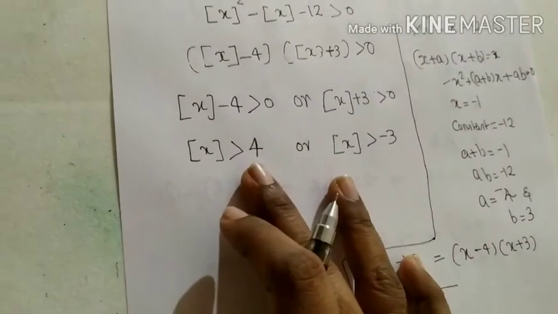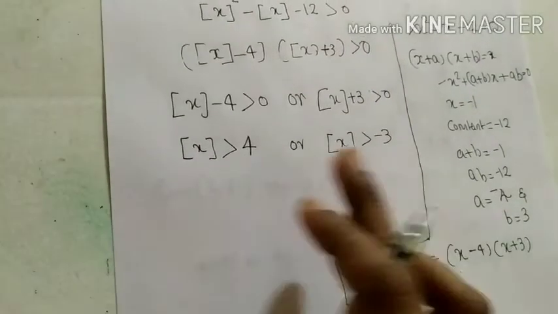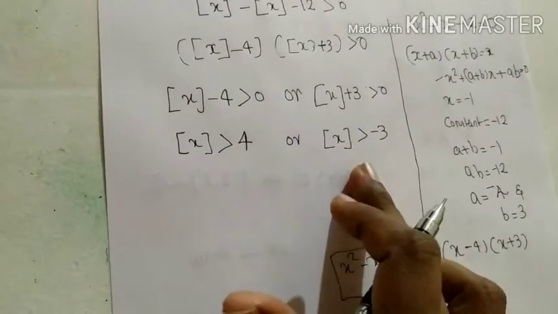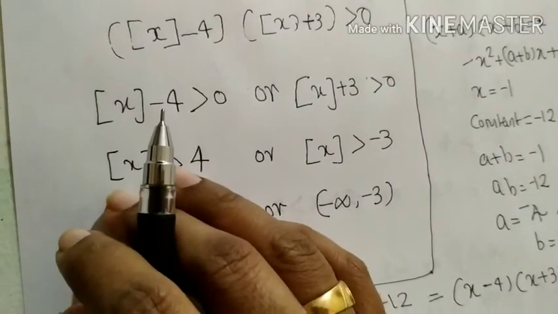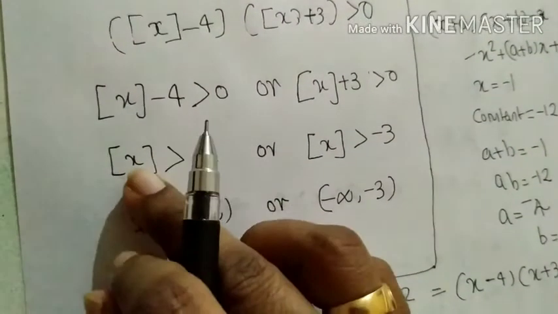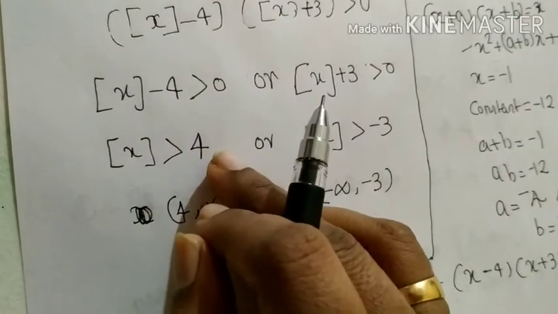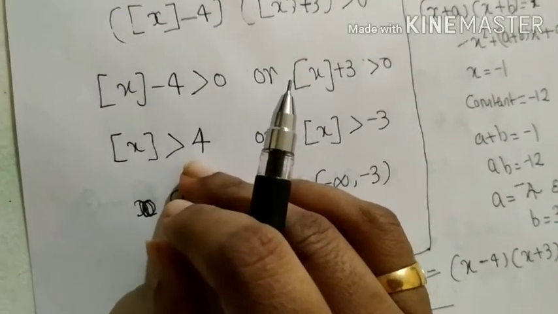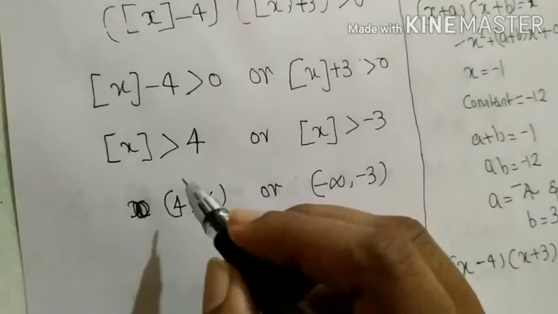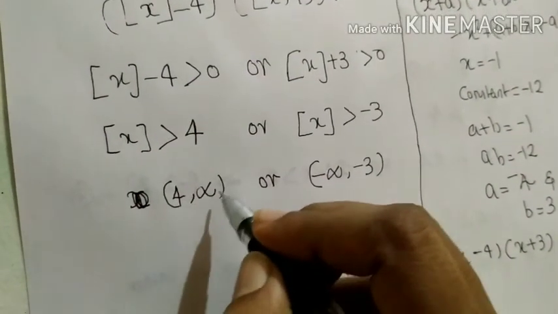Next I'm going to convert it into intervals. Greatest integer x greater than 4 means the element x lies in the open interval 4 to infinity.